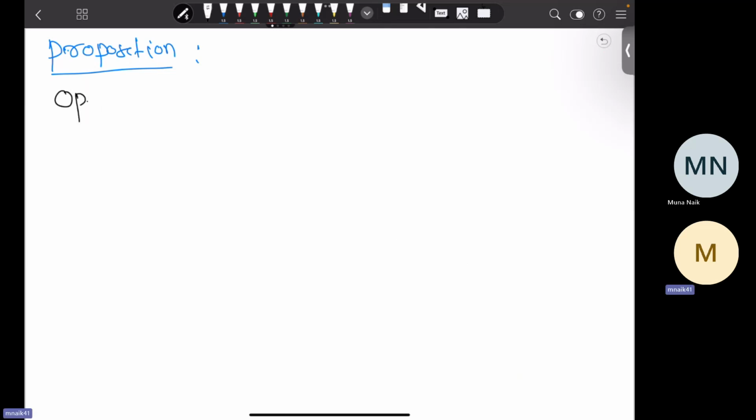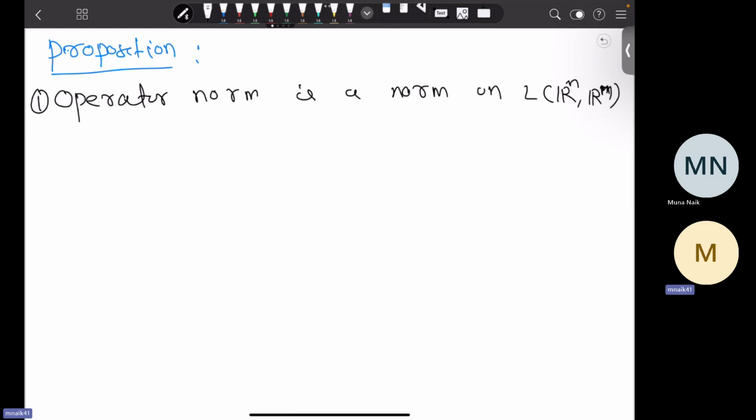So operator norm is a norm on L(R^n, R^m). Okay, first thing. Second thing I want to draw.